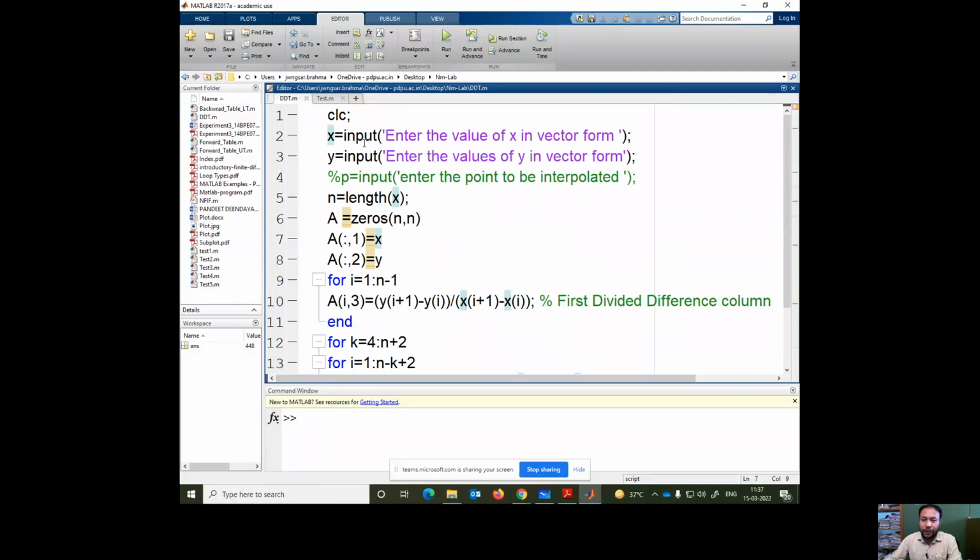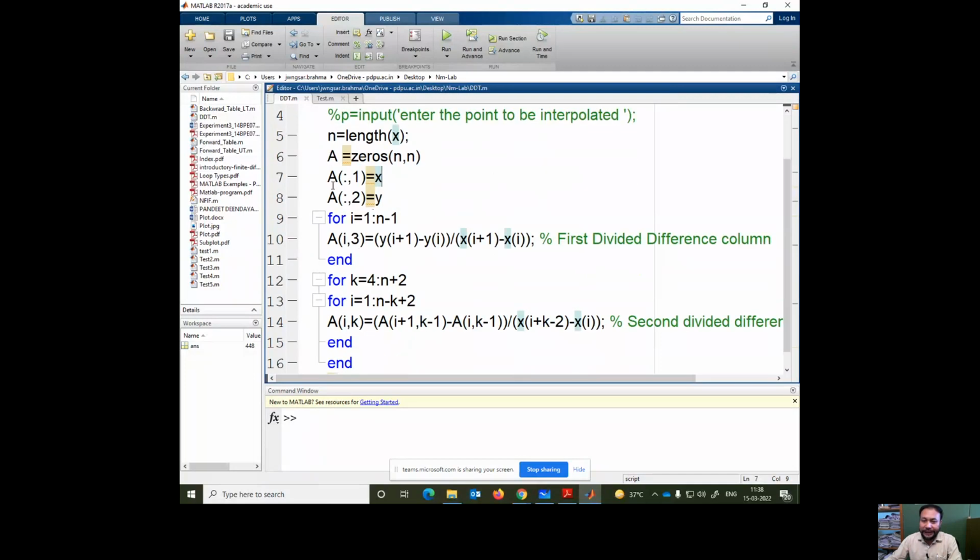First, we input the value of x in vector form, then we input y in vector form. Now we measure the length of x, meaning the number of data points. Then we construct a null matrix A, insert the value of x as the first column and y as the second column.